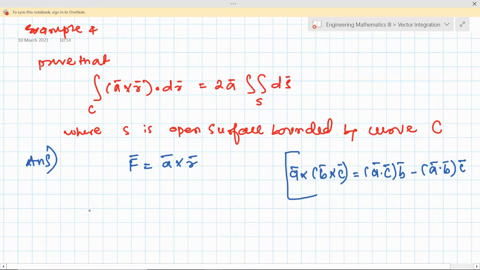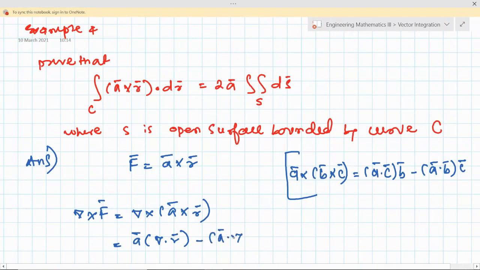Del cross f bar, simply. By Stokes theorem we will use the Stokes theorem, but before that, what is del cross f bar? So del cross f bar is equal to del cross a bar cross r bar, and this is simply a bar into del dot r bar, or you can write del dot r bar into a bar, same thing, minus a bar dot del into r bar, plus r bar dot del into a bar minus r bar into del dot a bar, like this.